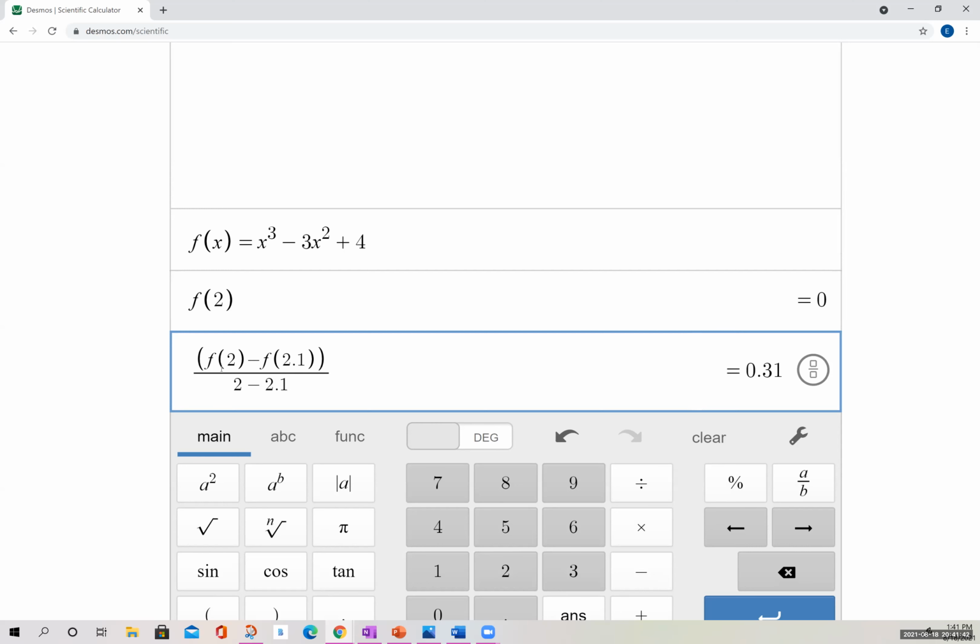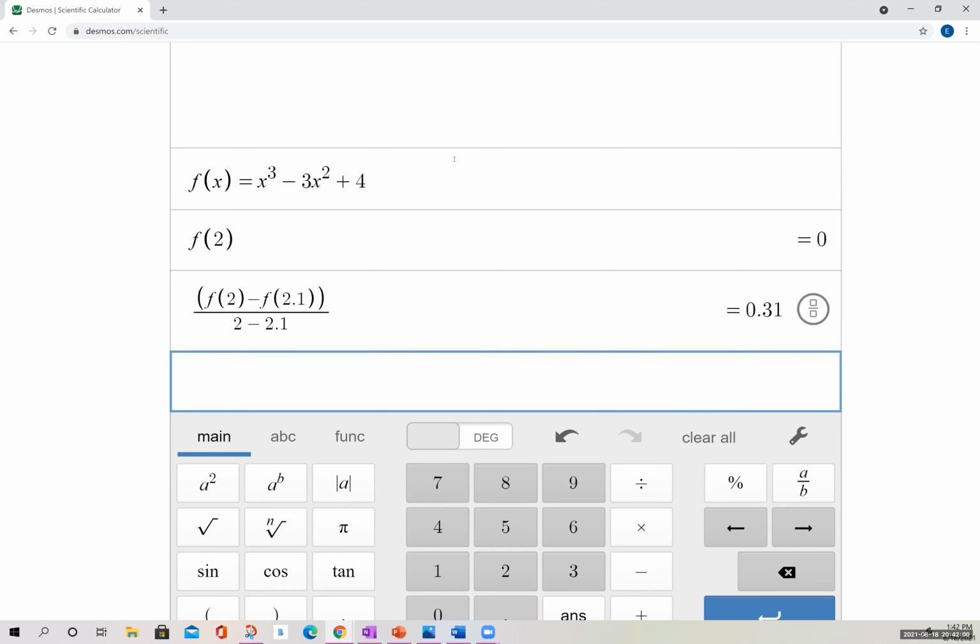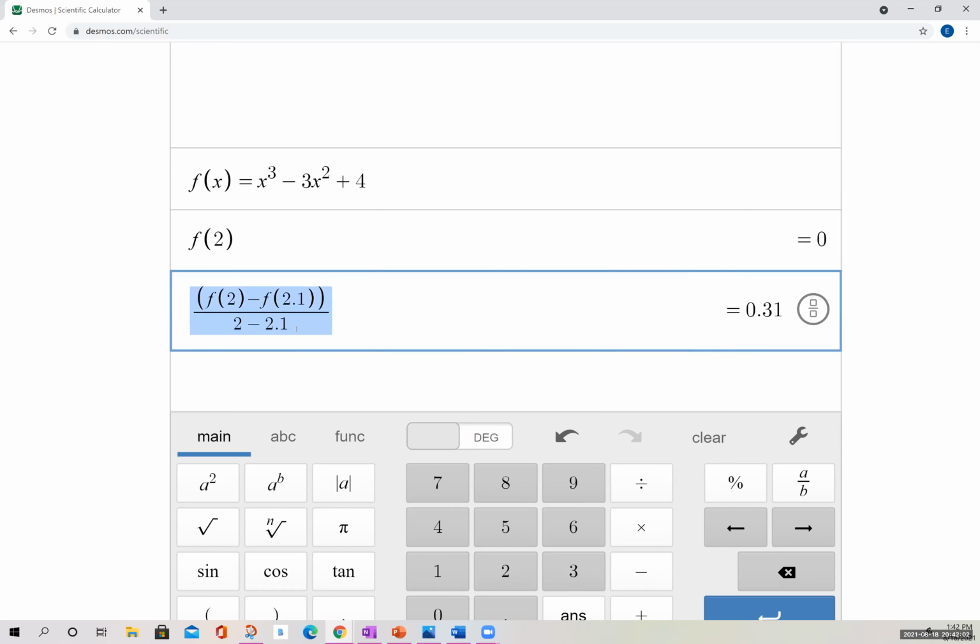Notice that my value there is 0.3. We're going to see, as we get closer and closer to 2, whether this number gets closer and closer to one particular number. Now I'm going to copy and paste so I don't have to type it all again.